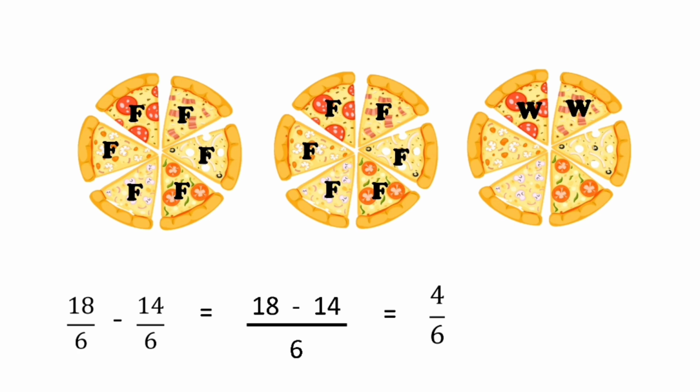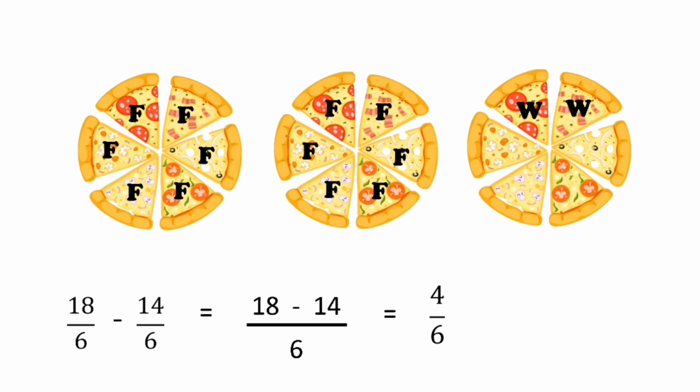Now we can simplify this 4/6 and we can make it into a smaller but equivalent fraction. So we have to see which number can be divided into the numerator without leaving a remainder and the denominator without leaving a remainder. Think about that number. Yes, if you thought about number 2, you are so correct.